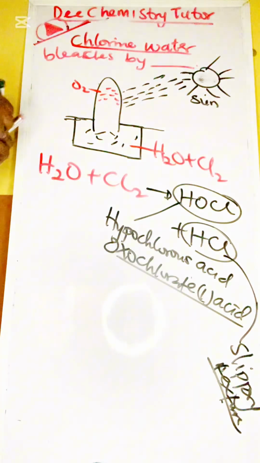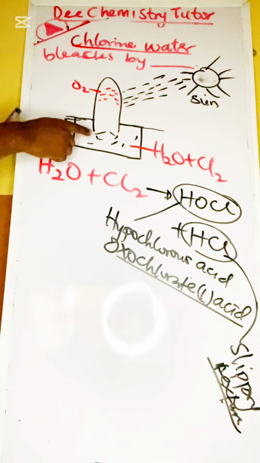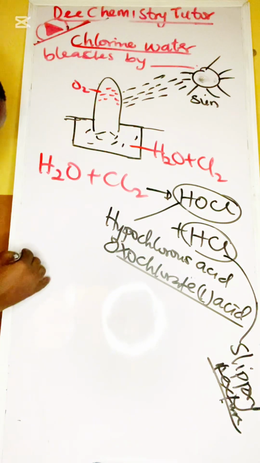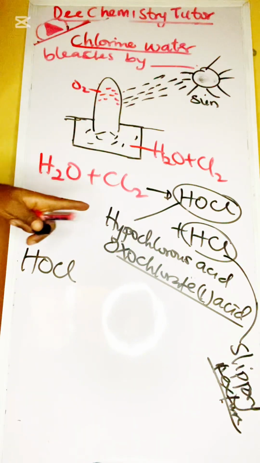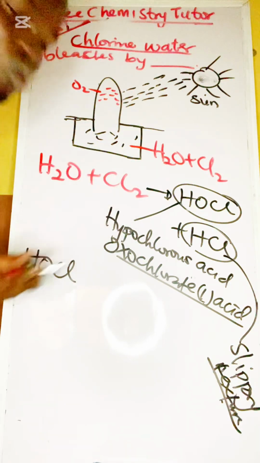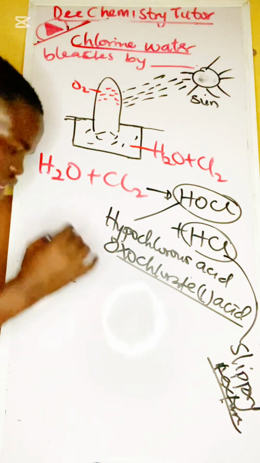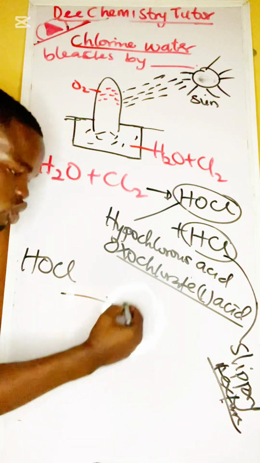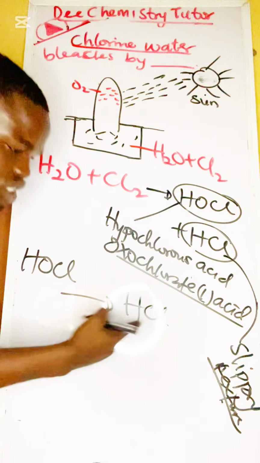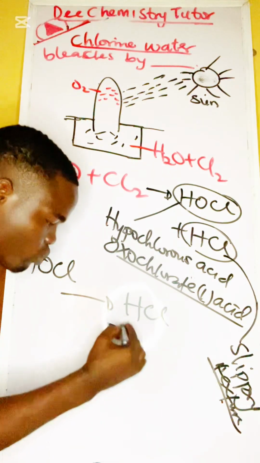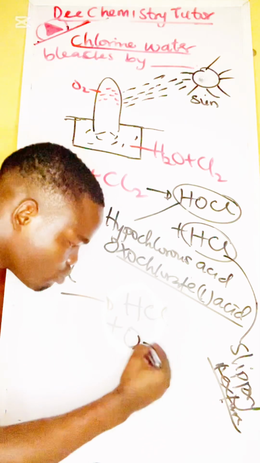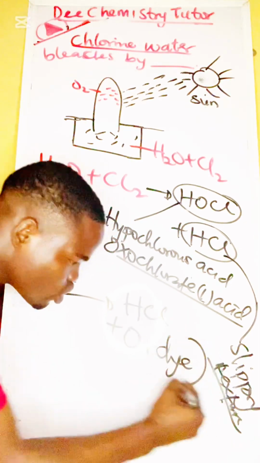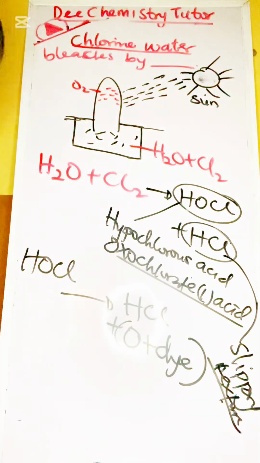Now that's not where I'm going. What is important to us is this: if HOCl, chloric(I) acid, is exposed to the atmosphere, sunlight, just like when you wash your clothes, something will happen. Look at what will happen. This will go to HCl, which is responsible for that slippery nature, plus oxygen, or sometimes they write oxygen plus dye. So this is what bleaches that dye.